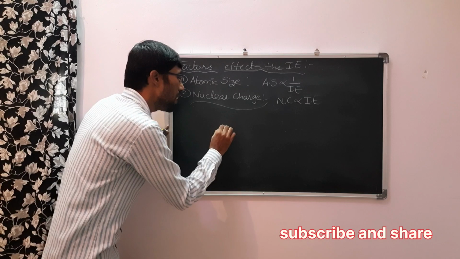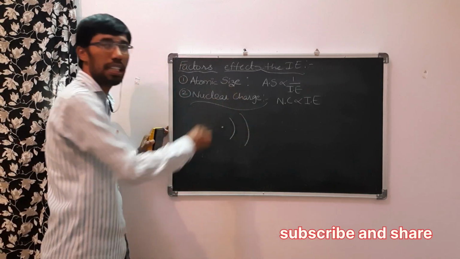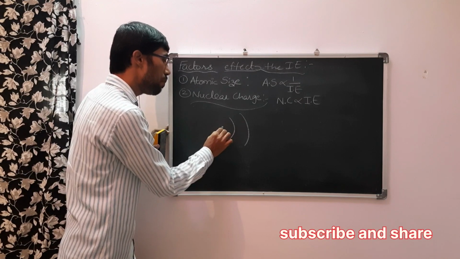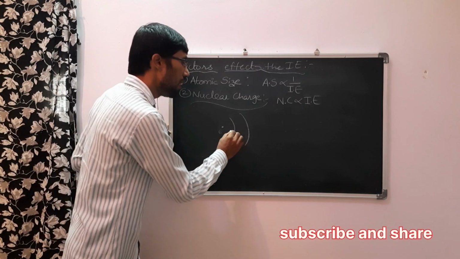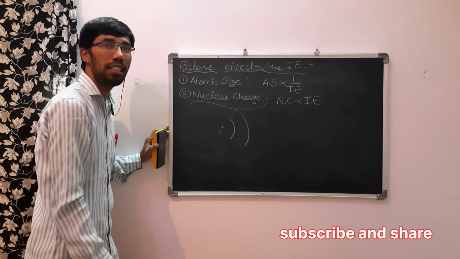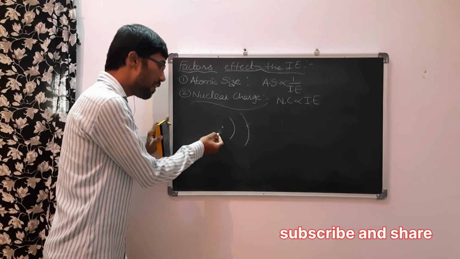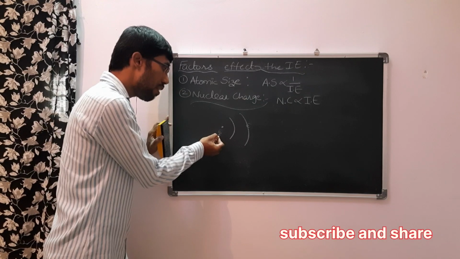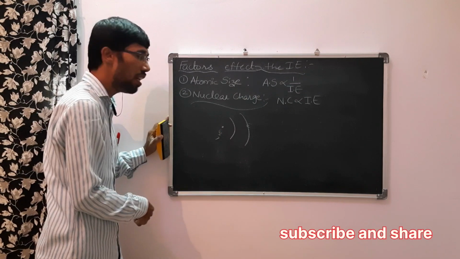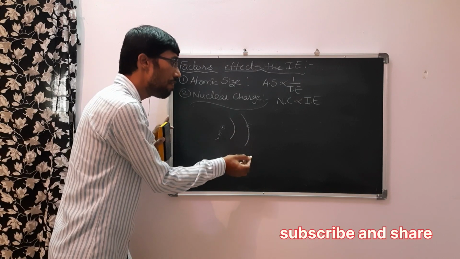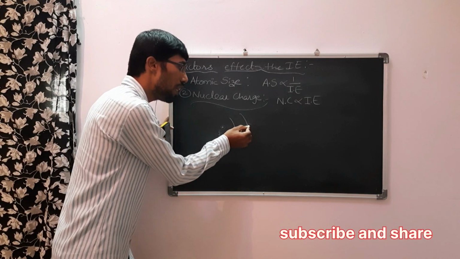For example, here is the nucleus and these are the orbits. If the nuclear charge is 6, meaning 6 protons are present, then the outermost valency shell consists of electrons. If the number of protons increases, for example atomic number 7, then the nuclear attraction increases, but the differentiating electron enters the same orbit.